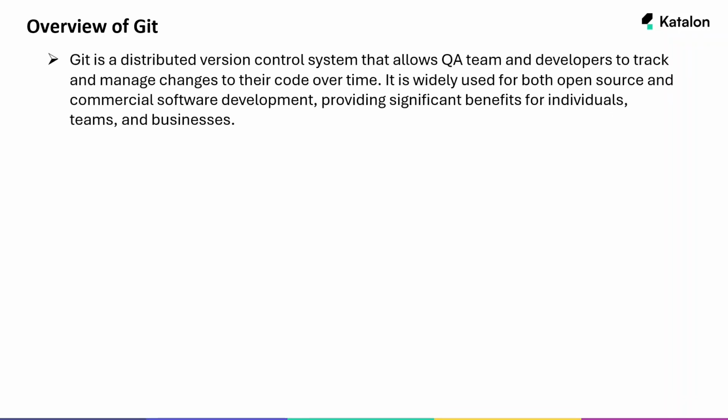Git is a distributed version control system that allows QA teams and developers to track and manage changes to their code over time. What do you mean by this? Let's assume you're working in a big project having multiple teams.